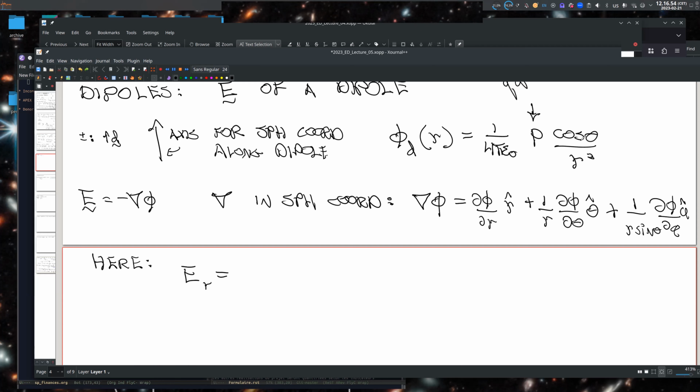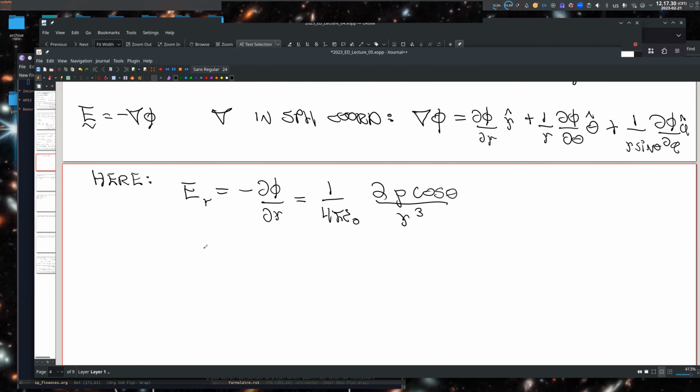So this thing is just minus d phi dr, which is equal to 1 over 4 pi epsilon 0. And now I have just a p, the factor of 2 p cos theta divided by r cubed. So that's the first component that we have.